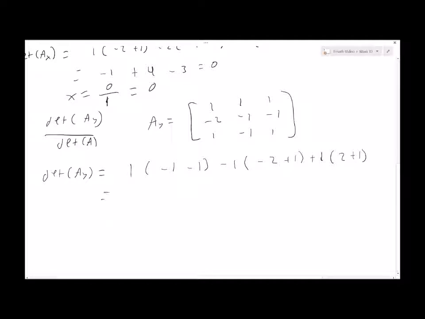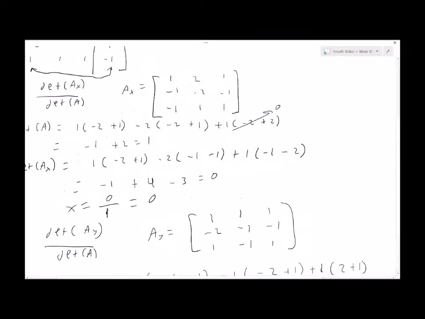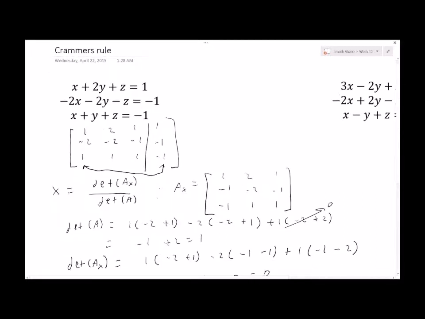So this would give us negative 2 plus 1 plus 3, which would be 2. So y equals 2 over 1, which is 2. So that's pretty simple, pretty straightforward.